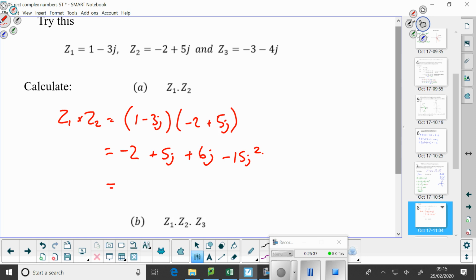That comes together as minus 2 plus 15, because that j squared turns that into plus 15, so that's 13, and plus 5 plus 6 is plus 11j.